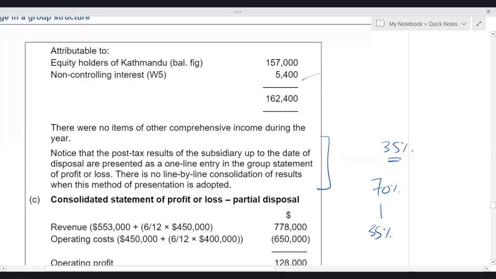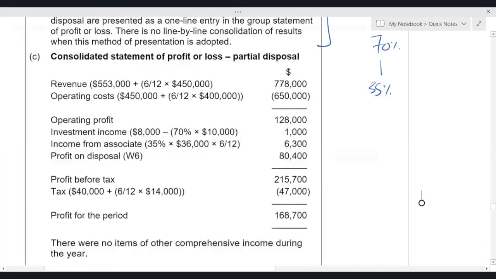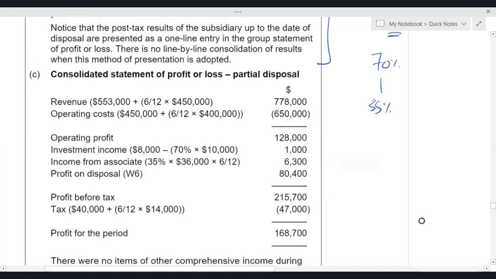So look at this quickly. Revenue, operating costs, exactly everything is the same. Profit on disposal is the same. Why is the profit on disposal the same? There's a reason. The examiner has not given us anything regarding the fair value of the remaining investment. If the examiner gives us information regarding the fair value of the remaining investment, then obviously the gain or loss would have changed.